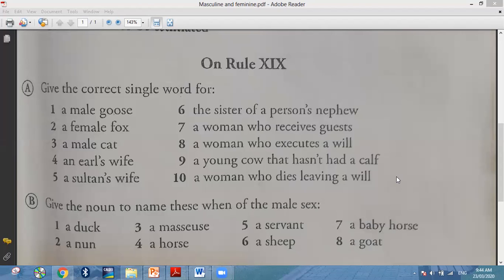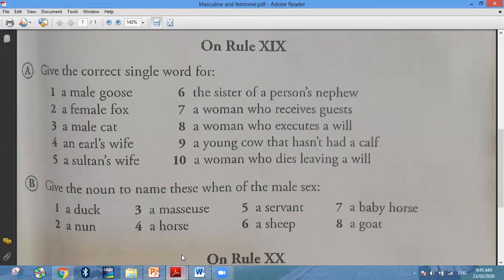A baby horse, yes, colt. And we have another word for this. Foal. We can use it as foal, but it's not written. F-O-A-L. Foal. Okay, thanks a lot, Nawaf.